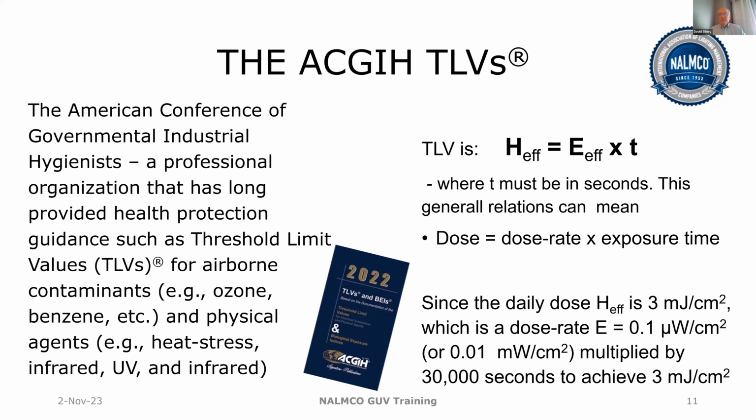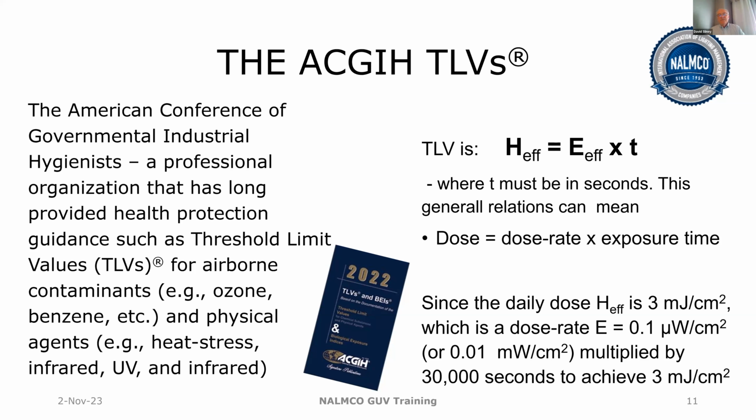But the TLV for ultraviolet, as we see on the right panel there, has this fundamental formula that's important to write down. And this is that the effective radiant exposure is equal to the effective irradiance times time.